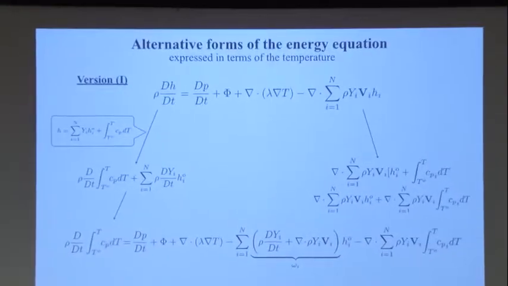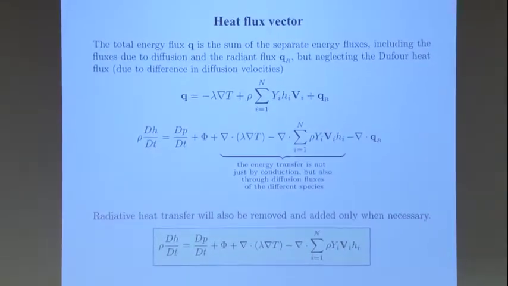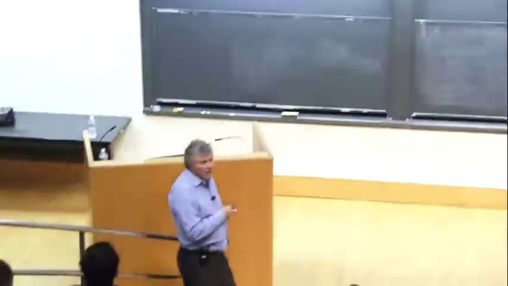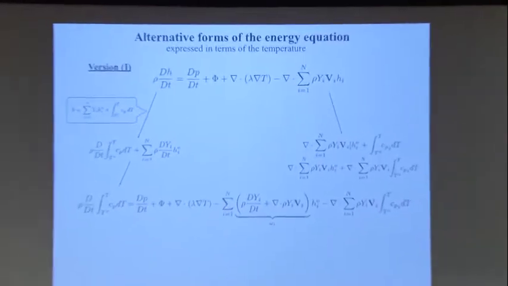There are a couple of alternative forms to write the energy equation. And I am going through this just because sometimes there appears to be confusion when you see the equation in one form or another in the literature, thinking there may have been some simplification or what have you. But you can write the equation in two slightly different forms, and I am not going to go through the detailed derivation, but just allude to it.